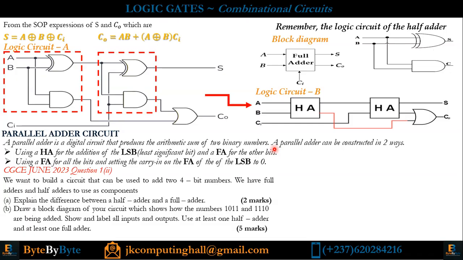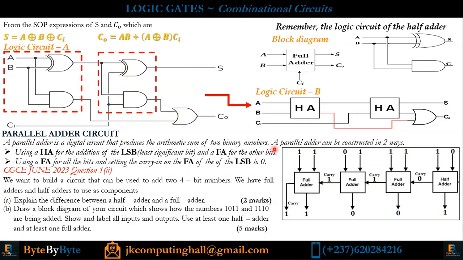It goes. Now, the B part. The B part says we should use a block diagram to show how they are being added, and this is how they are added. Let me explain. The first number is 1011. Understand how it goes. Each block takes bits from the two numbers.